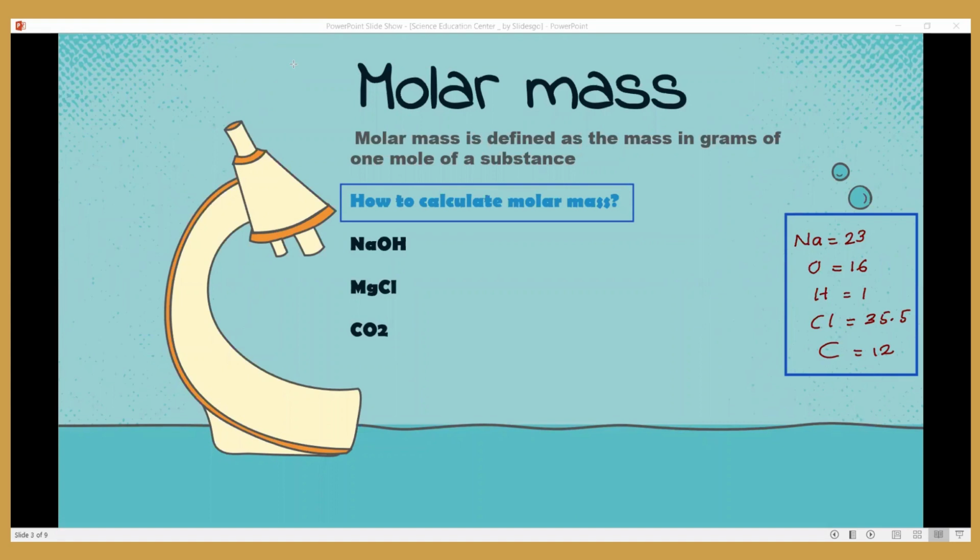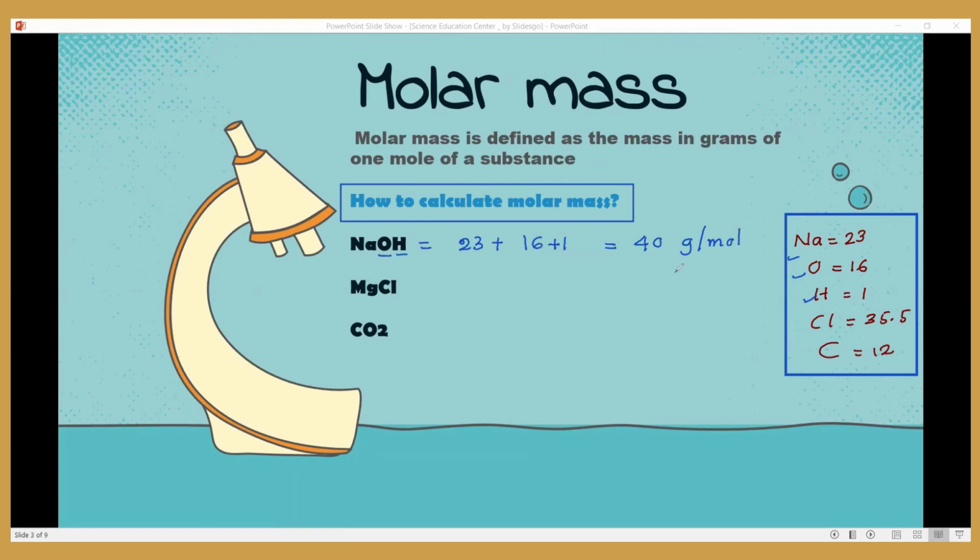Now let's try calculating the molar mass of the following substances. For sodium hydroxide, sodium is 23, so I will write 23 plus oxygen 16, and hydrogen 1. Adding up gives 40 gram per mole.